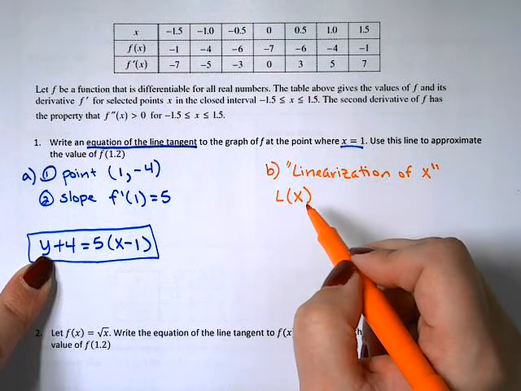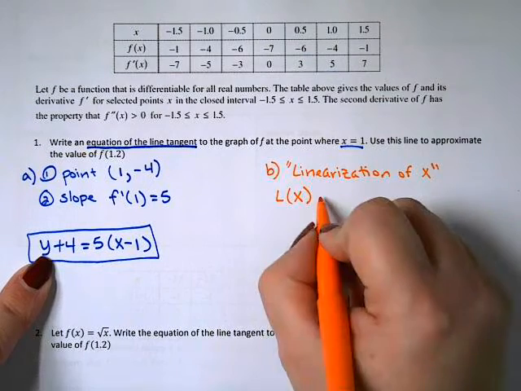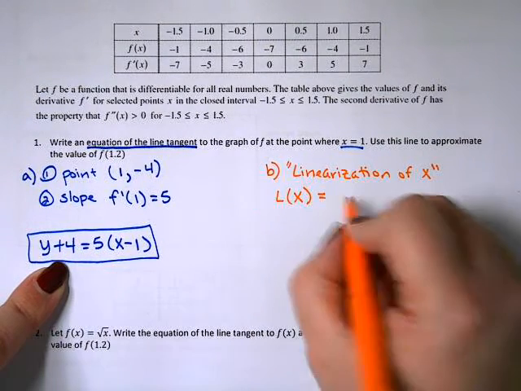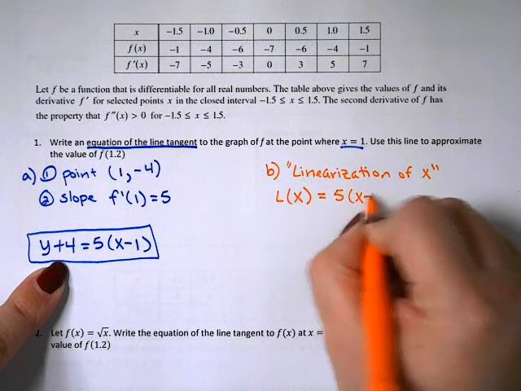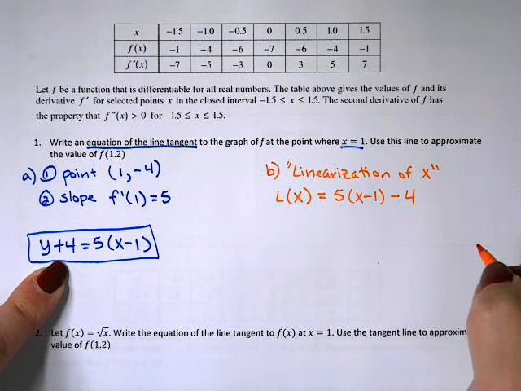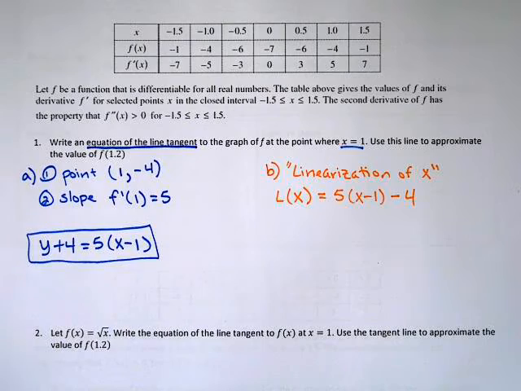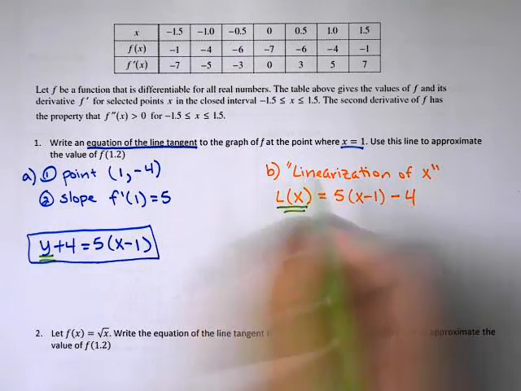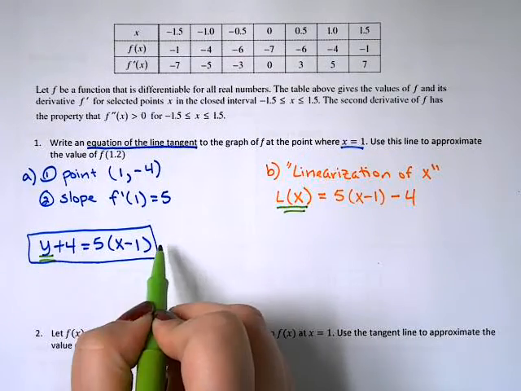All right, and what we're going to do is we're going to move that 4 over to the other side. So now we've got 5 times x minus 1 and then minus 4. So again, this y, all I did was swap it out for an L of x, and I took that 4 and moved it over to the other side.